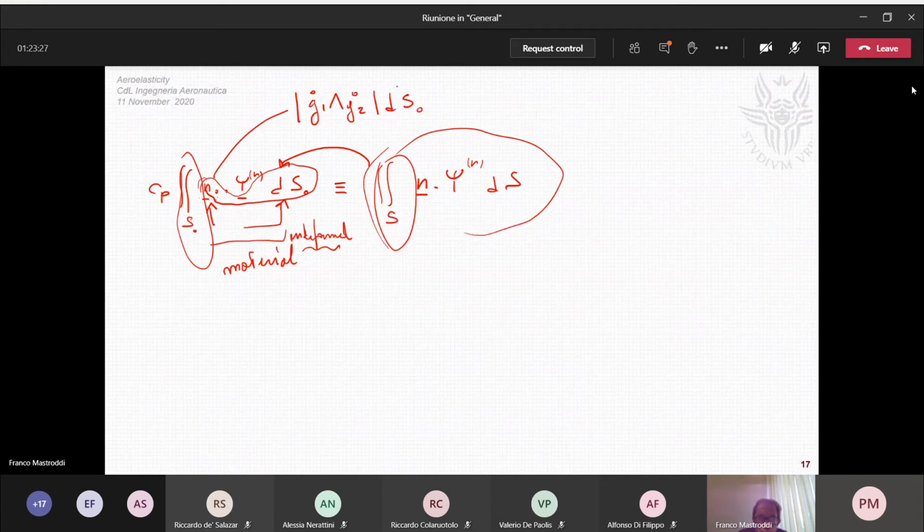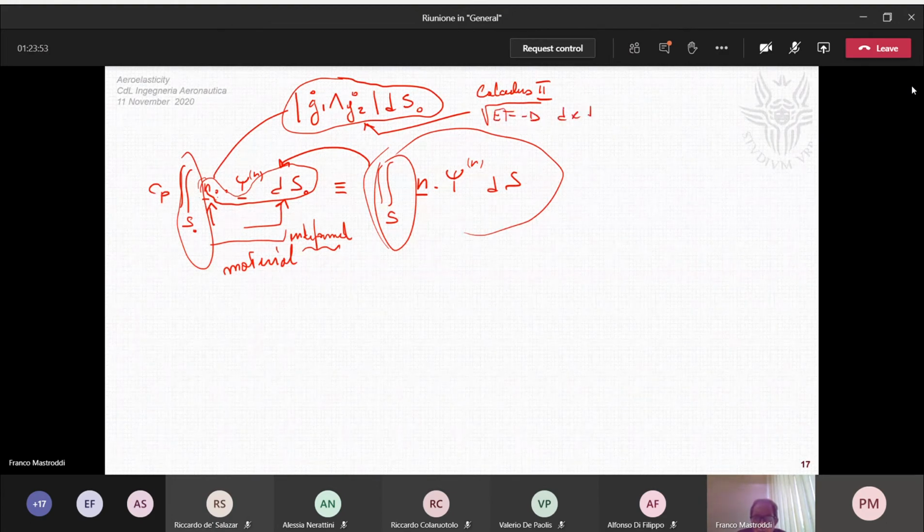And if you remember your theory from calculus 2, analisi 2, this is the element of surface, and probably the professor called it the square root of, if I remember well, EG minus F squared, dx dy. This is exactly the element of surface. The normal has the same meaning as the element of surface.